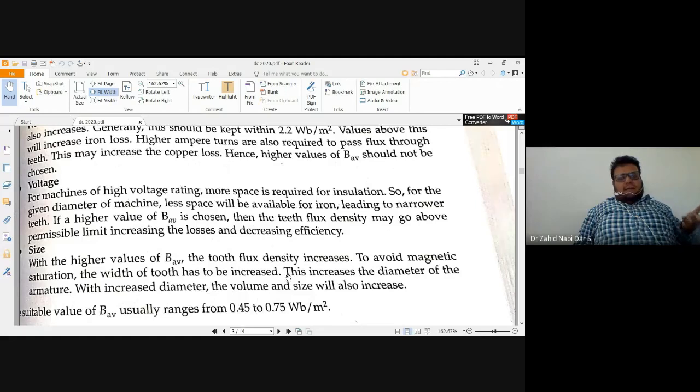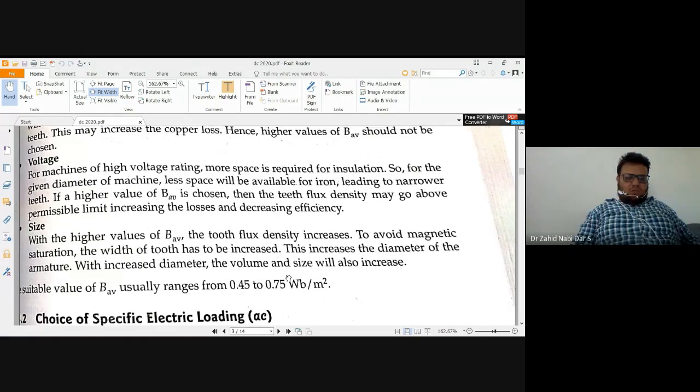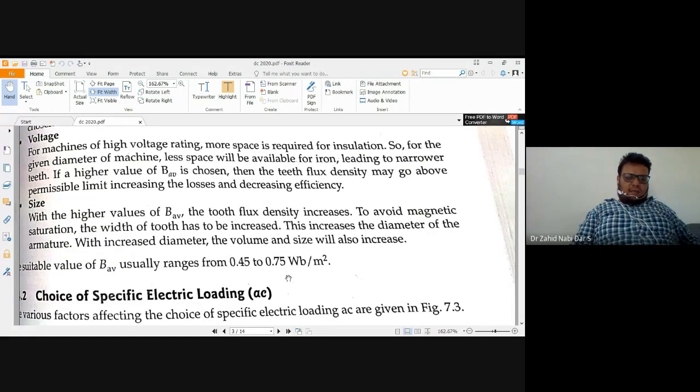If you increase the area, your average flux density decreases, and if you lessen the area, it will automatically increase. So to avoid magnetic saturation, the width of the tooth has to be increased. This increases the diameter of the armature. With increased diameter, the volume and size will also increase. Suitable value of BAV usually ranges from 0.45 to 0.75 Weber per meter square.